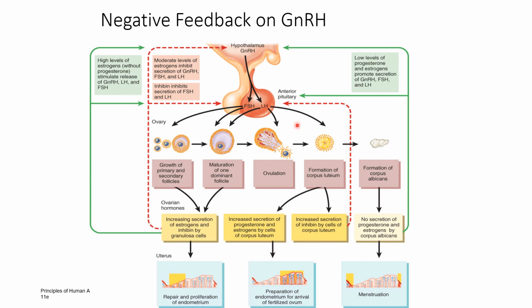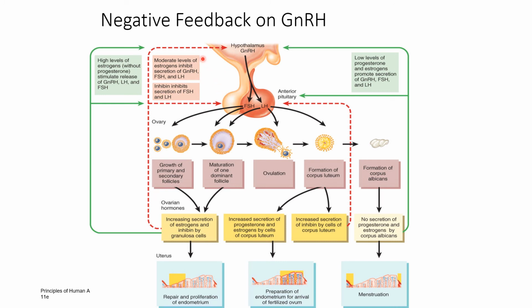So there are many stimulatory and inhibitory effects on this hormonal stimulation to the reproductive cycle. So we have seen that low levels of estrogen and high level of estrogen are part of this cycle. Both of those stimulate and move the cycle along. What there is an observation is that moderate levels of estrogen will cause an inhibition of the hypothalamus and the anterior pituitary.